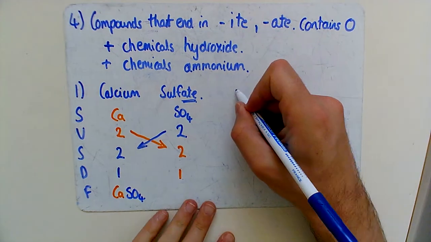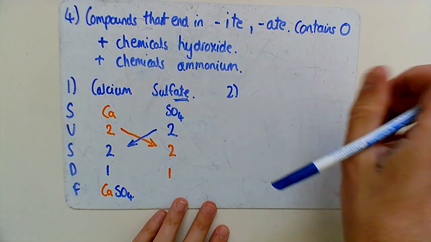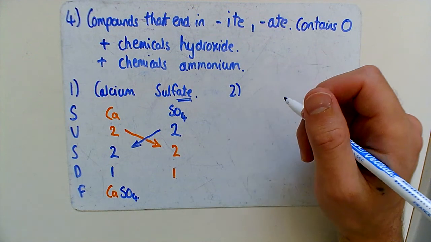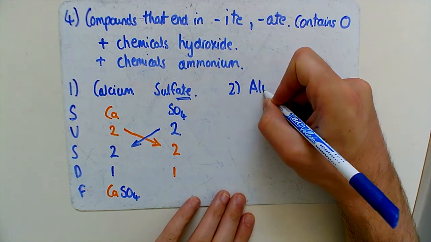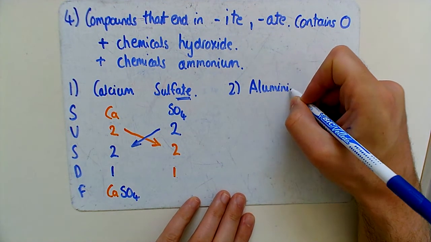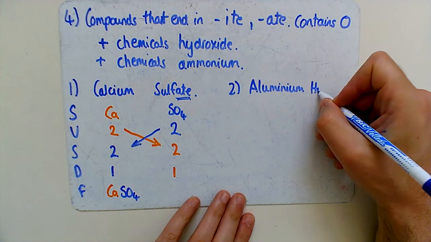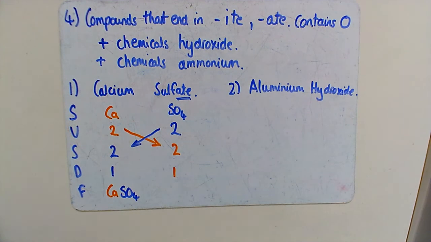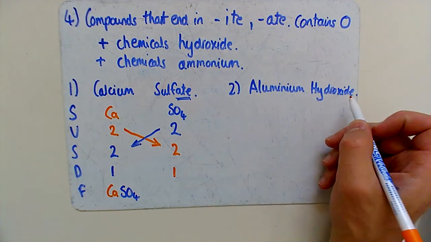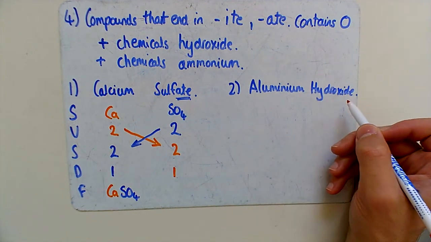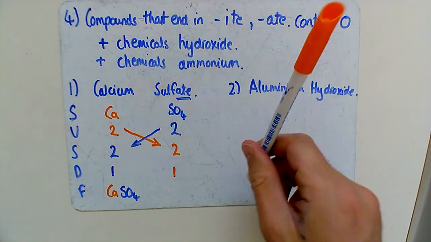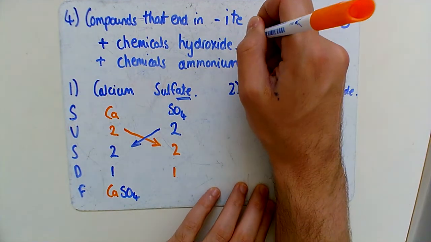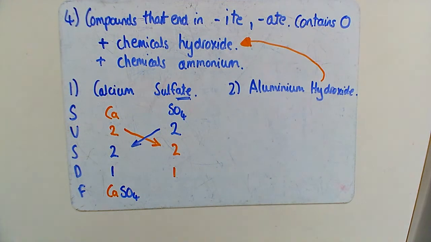Now the next example we'll use is aluminium hydroxide. Now, aluminium hydroxide, it doesn't end in ITE or ATE, but it is one of the 2 special cases. So we do have to use that table on page 8.